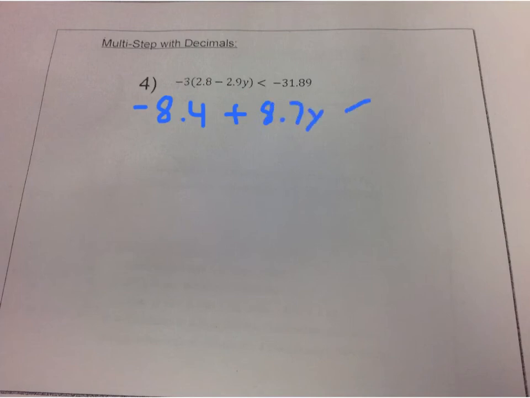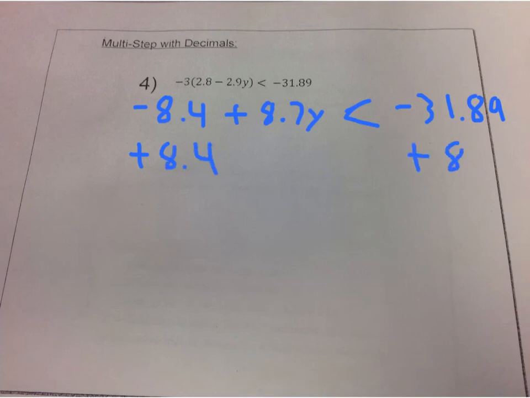And that should be less than negative 31.89. Now here, a possible place to make a mistake, we have negative 8.4 and negative 31.89. You have two negatives, so when you end up adding 8.4 here, you're going to add 8.4 here.